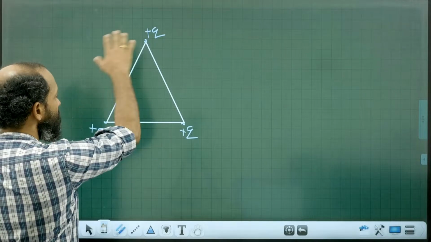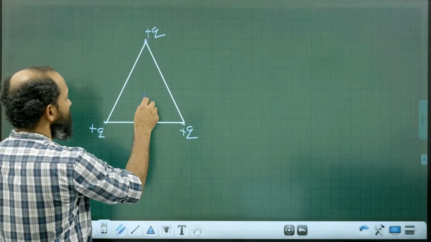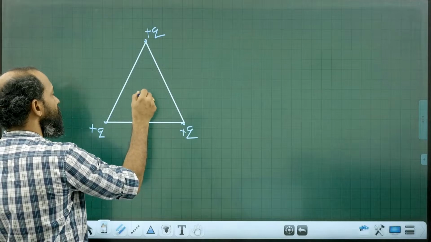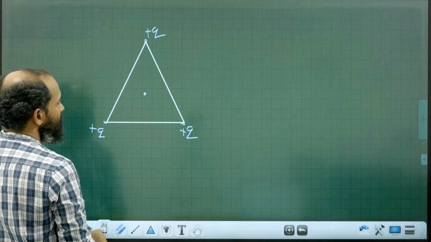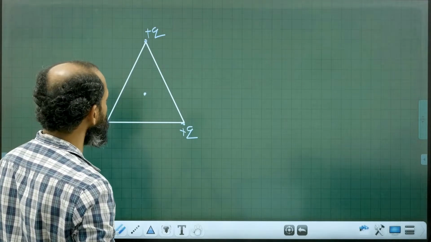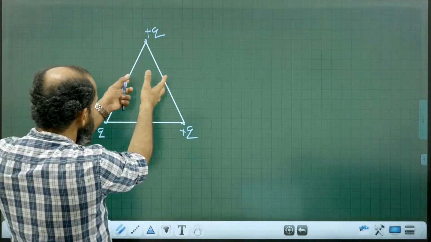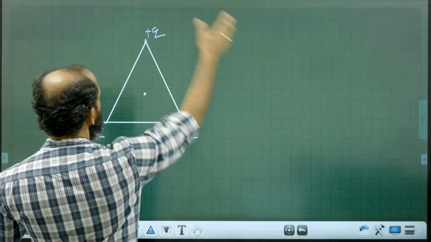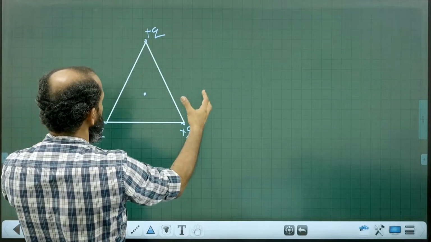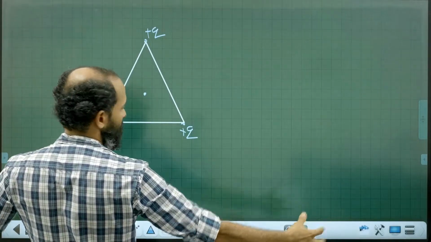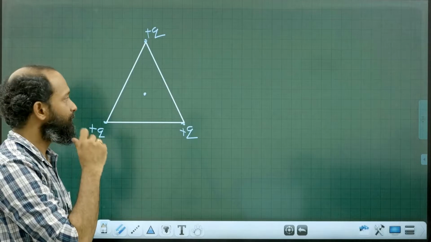The equilateral triangle has its centroid at the center of the circumcircle, and that is the radius. That acceleration will be variable.